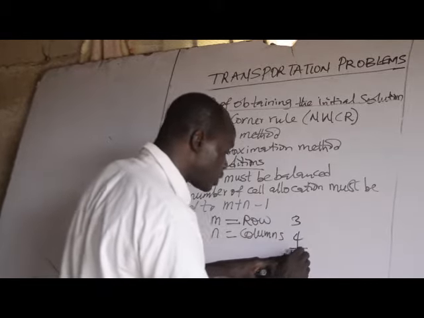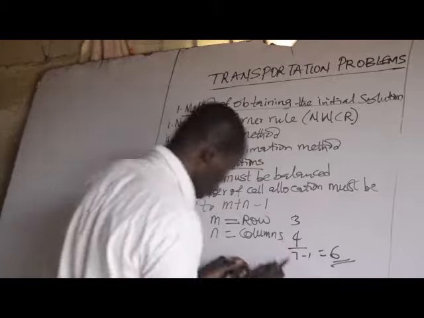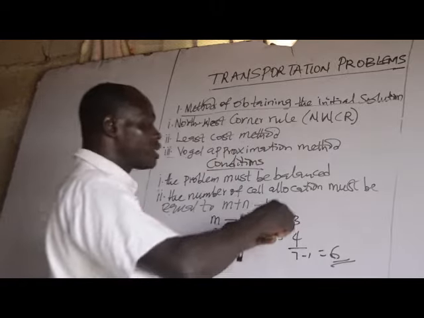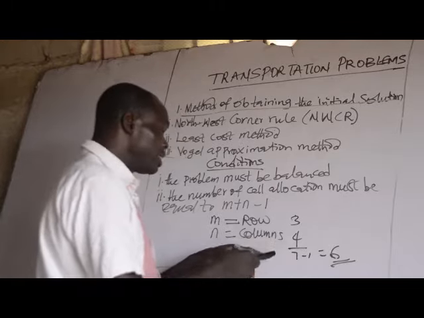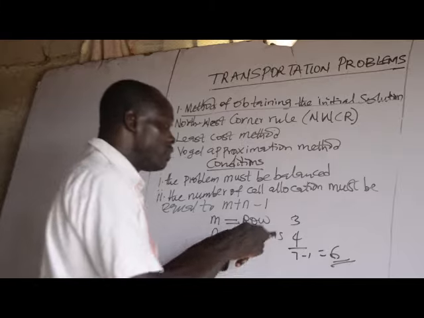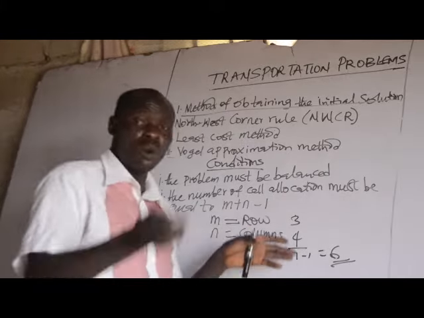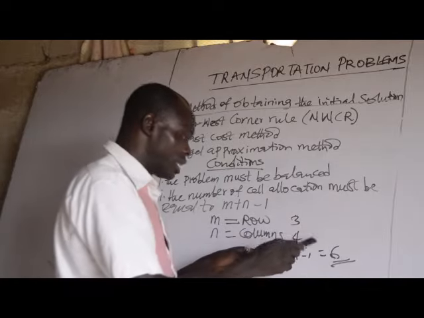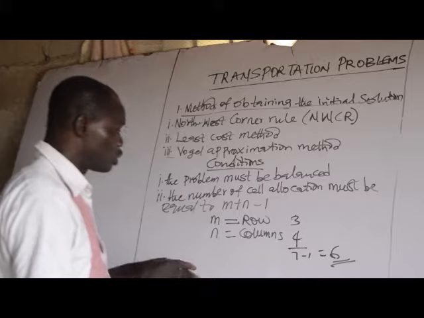By the time you subtract 1 from 7, that means the number of cells you are going to allocate to must be 6. If you have 3 rows and 2 columns, that means 3 plus 2, that is 5, minus 1, 4. So the number of cells you must allocate to must be 4. So take note of that.